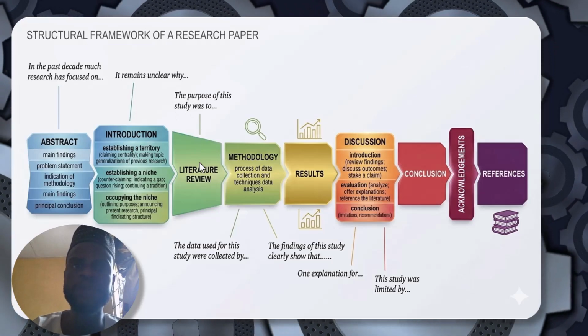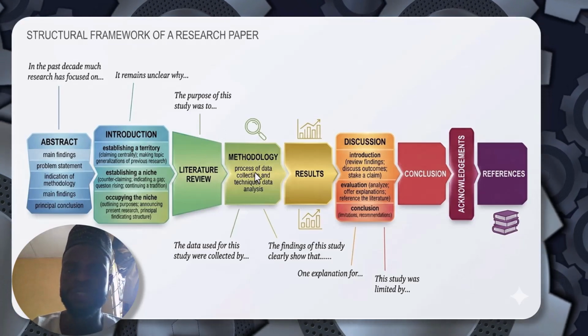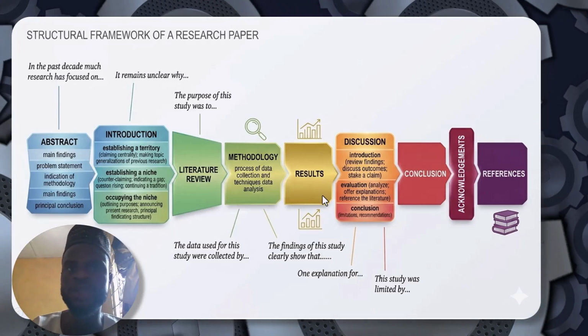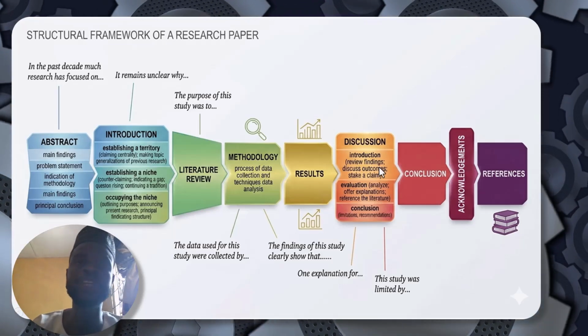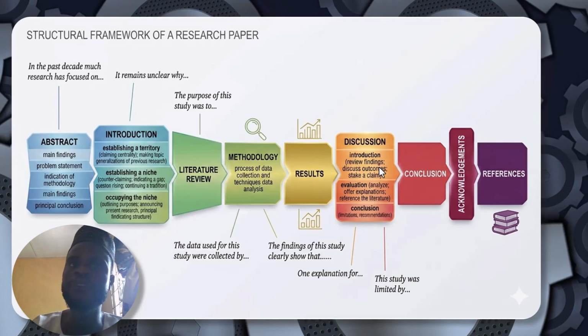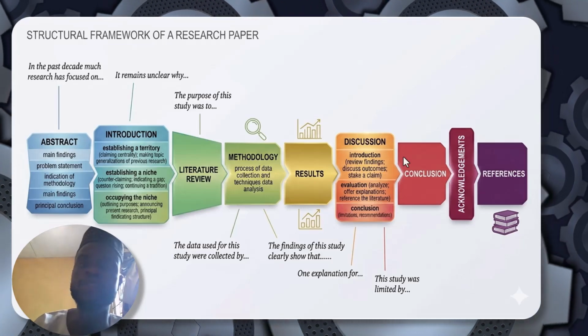Then we have methodology, which explains how the study was conducted. The results section presents findings. Discussion explains what the findings mean. Then we have conclusion, which summarizes and closes the study.